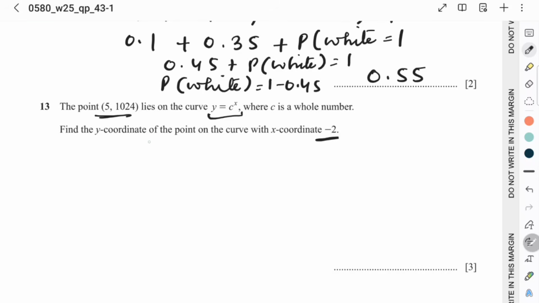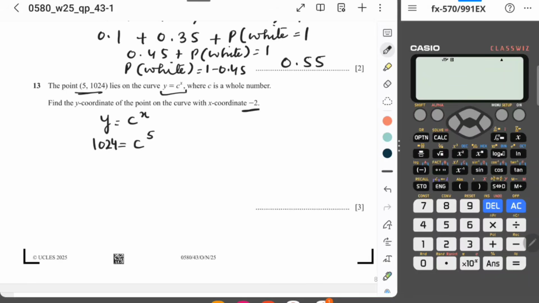Okay, so the equation is y equals c to the power of x, and we have x is 5 and y is 1024. You can find the prime factors of 1024. So 1024, using shift and then the factor button, equals 2 to the power of 10.